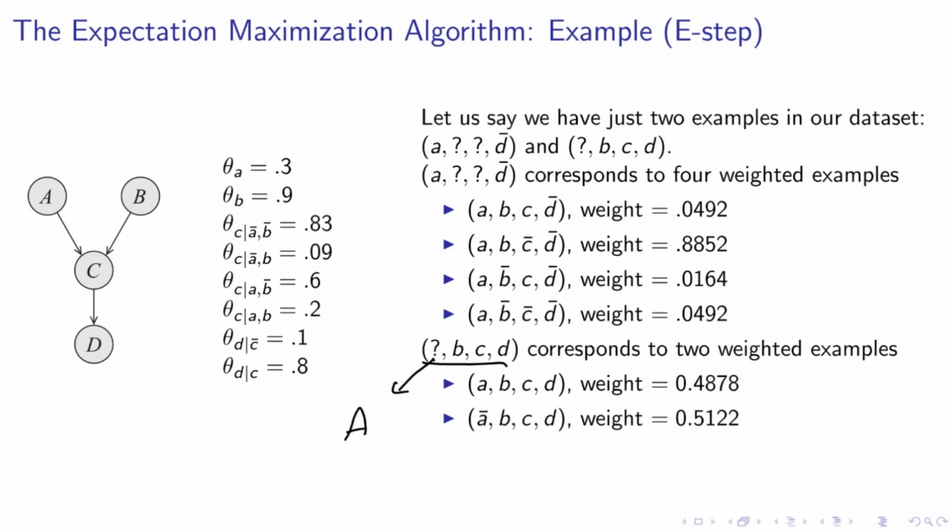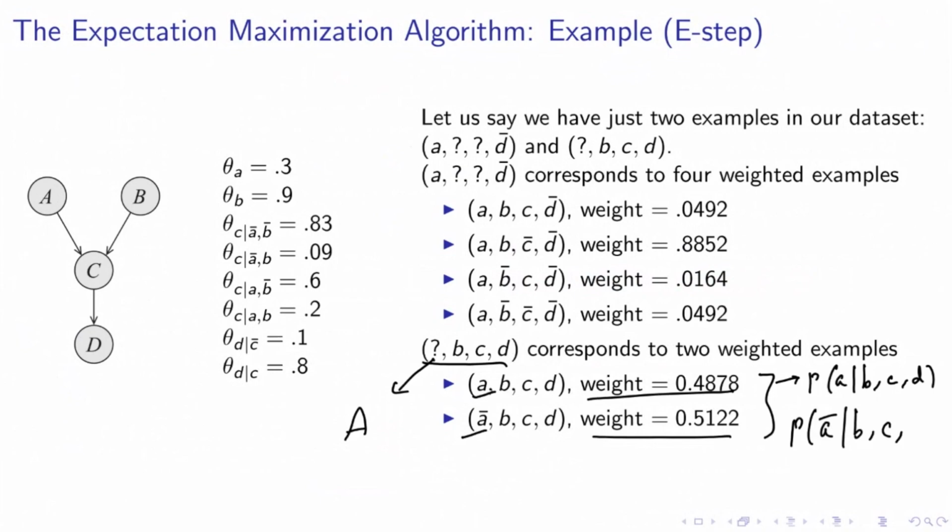You complete the example in all possible ways, which is 2 in this case, because A can be true or A can be false, and then you compute the weight of those examples. For instance, the weight of the first completed example is nothing but P of A given BCD, and the weight of the second example is P of A bar given BCD.